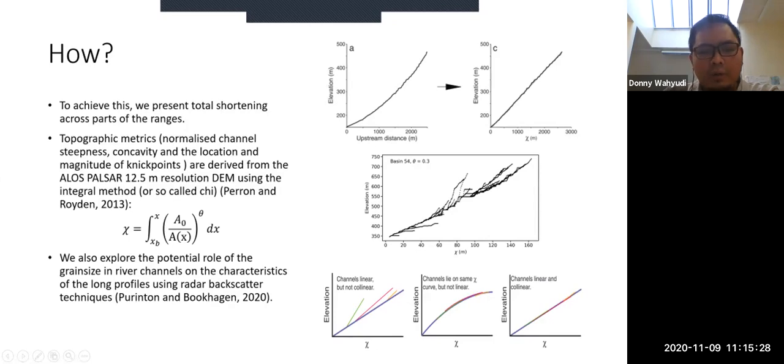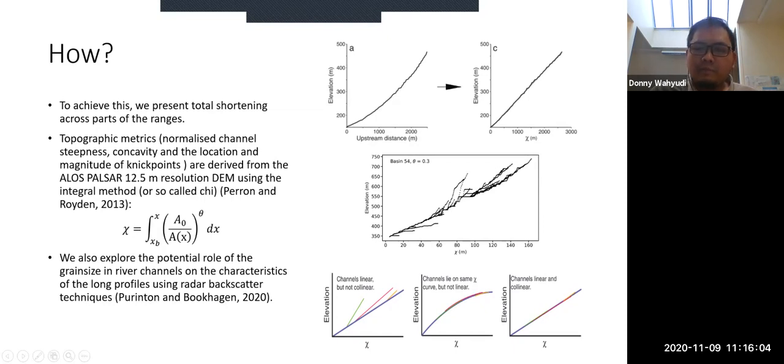We're also trying to use the best fit concavity identification. So we are looking for the concavity of each basin from all these channels in this range using the collinearity of chi. If the basin has a proper concavity, it will show collinearity.